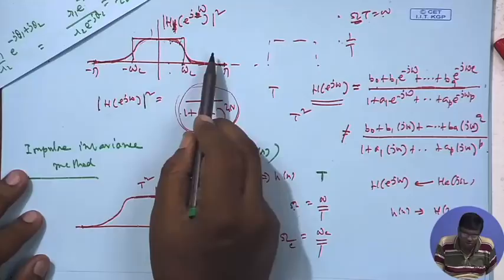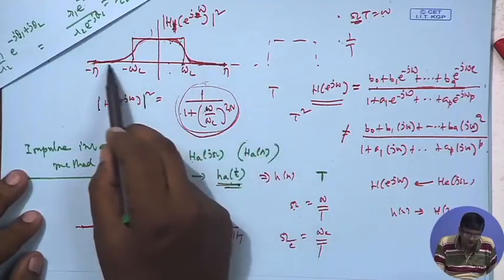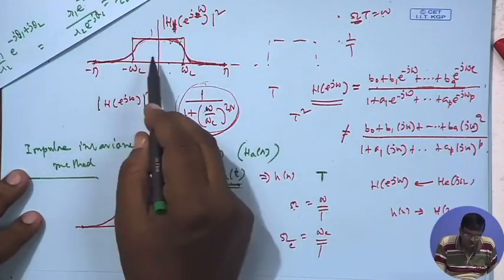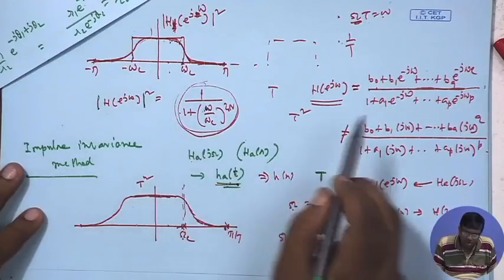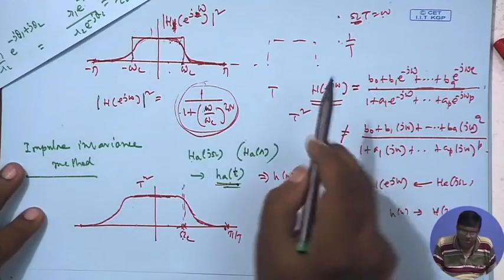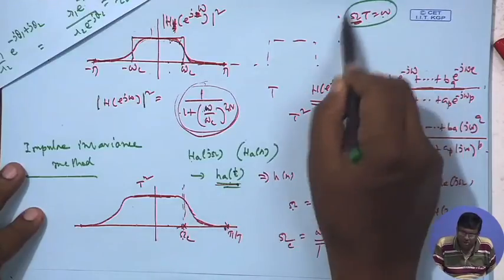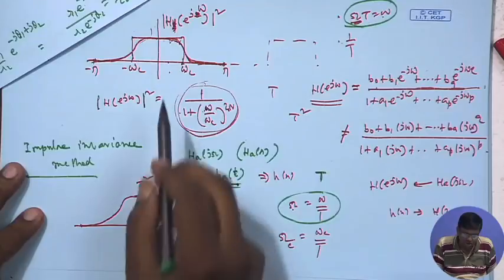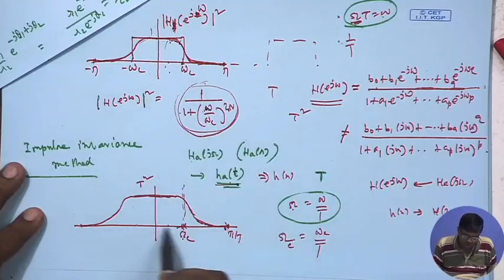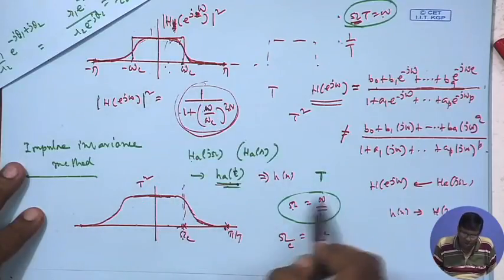If it is Butterworth, when I go for constructing that analog low pass filter, first I will do this frequency transformation: any small omega, whatever value we had here, will go to the corresponding capital omega by this relation.